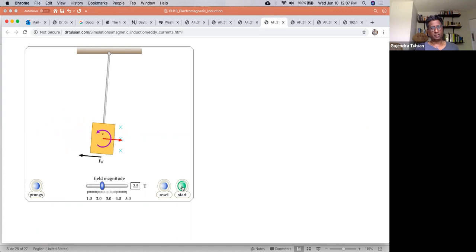We'll swing through this, and as soon as this metal plate goes through this region of magnetic field, you're inducing a current, and the induced current is such that it is opposing this flux.